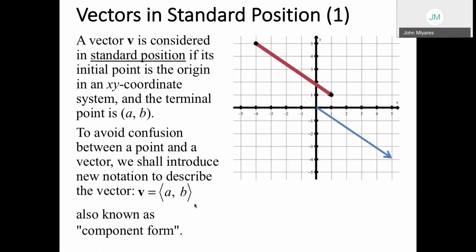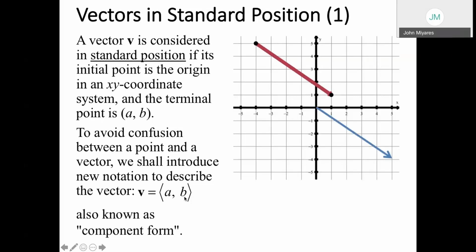The way we will interpret this is that the first value, a, is going to be the change in x from our starting point, or the left-right shift, while the value of b is going to be the change in y, or the up-down shift from our starting point.